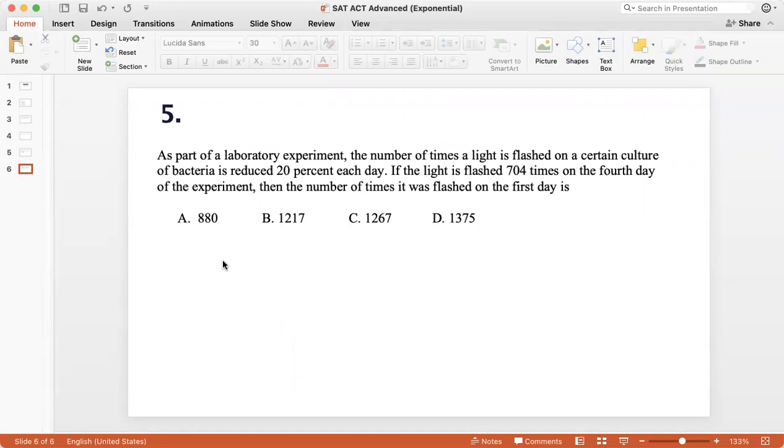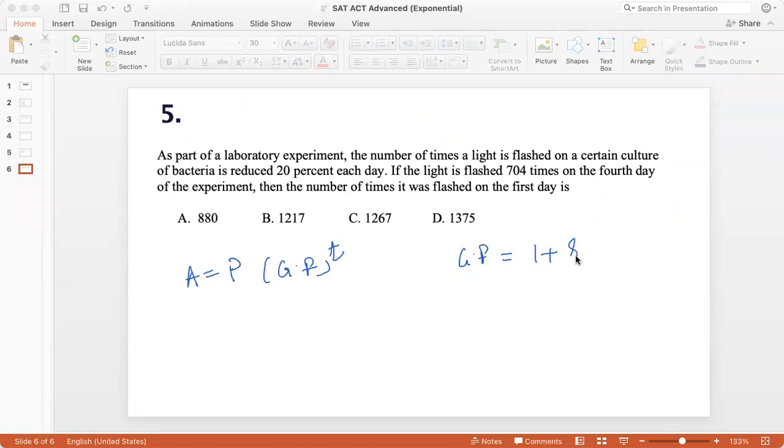So the exponential function is given by the formula A = P × (growth factor)^t, where the growth factor is 1 + R/100 in case of exponential growth, or 1 − R/100 in case of exponential decay.